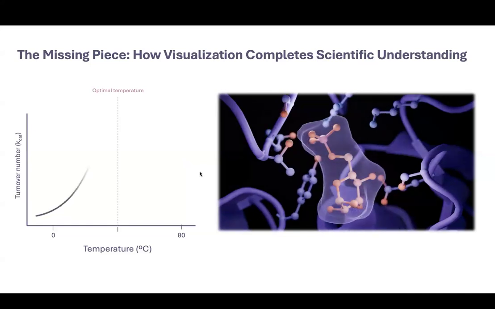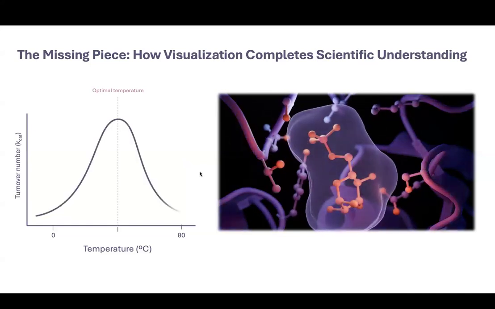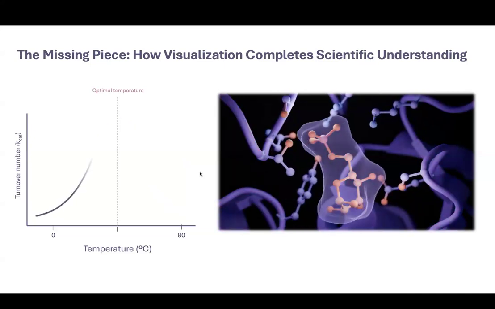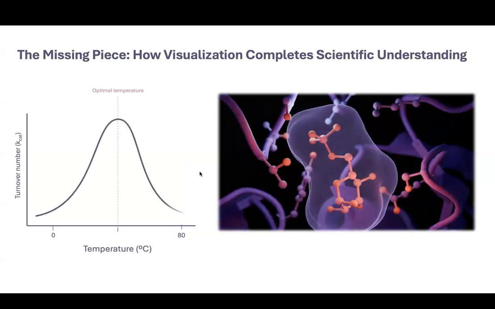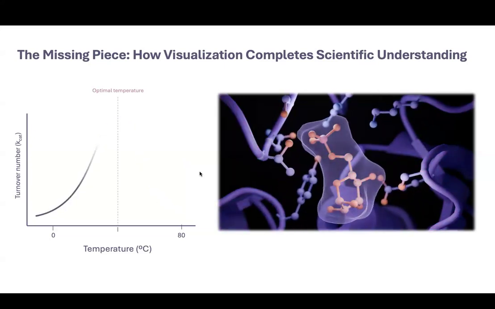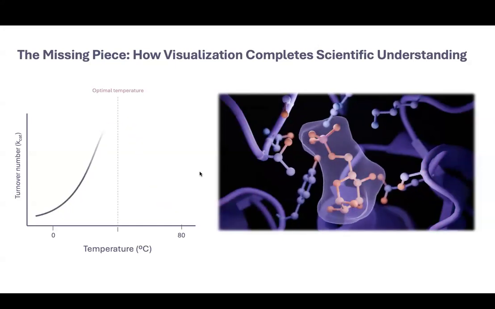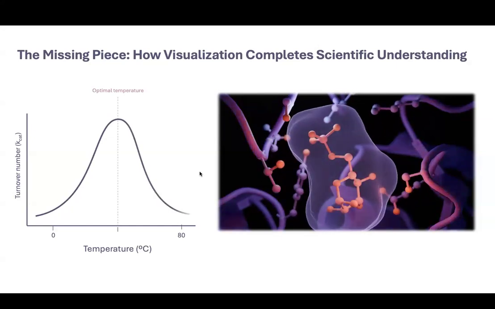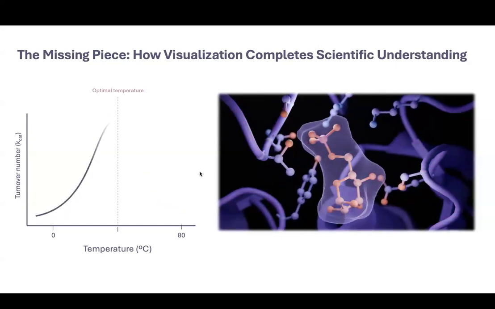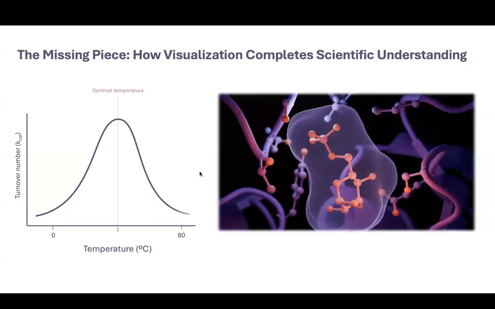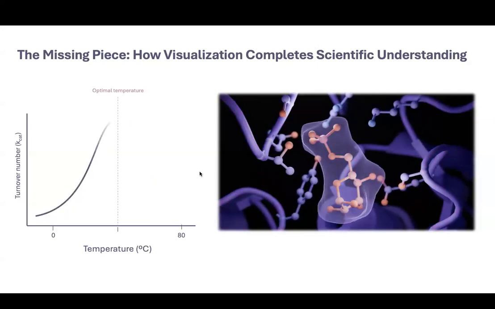Here we see that as temperature increases, molecular motion increases, highlighting how structural flexibility plays a role in enzyme function. This visualization gives us another layer and transforms what would otherwise be just a trend to memorize into something we can understand more tangibly and intuitively.